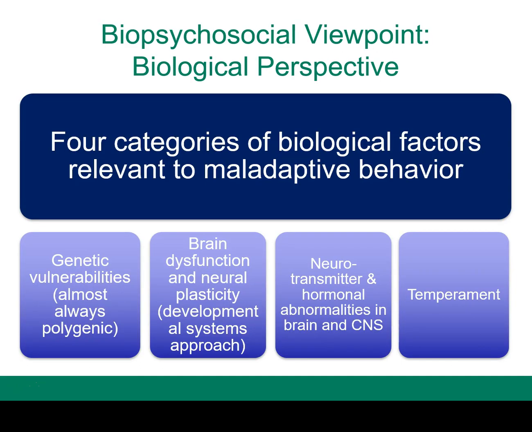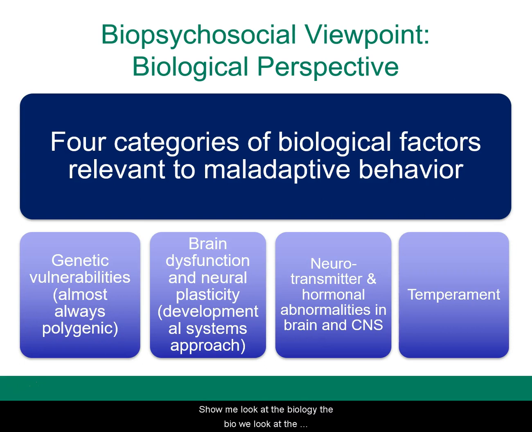Okay. All right, let's look at another viewpoint, the biopsychosocial. There are 4 categories here. On the left, you're looking at genetic vulnerabilities, again, that diathesis, almost always polygenic. What that means is that it involves many different genes, not one single gene. Brain dysfunction and neuroplasticity, neurotransmitter and hormonal abnormalities, and then temperament.